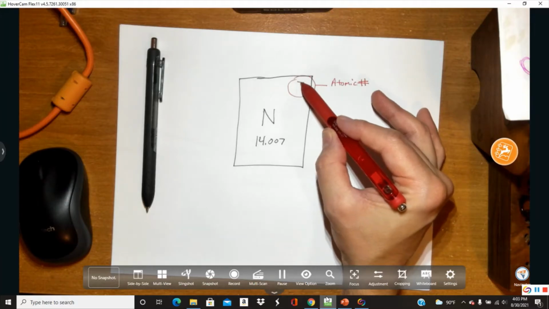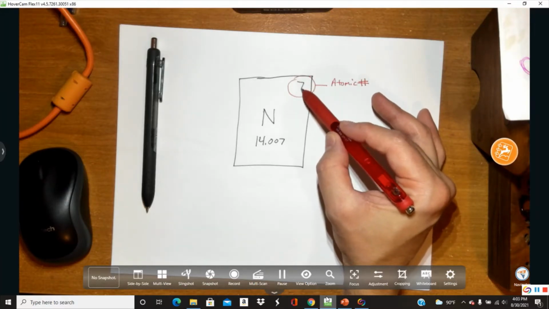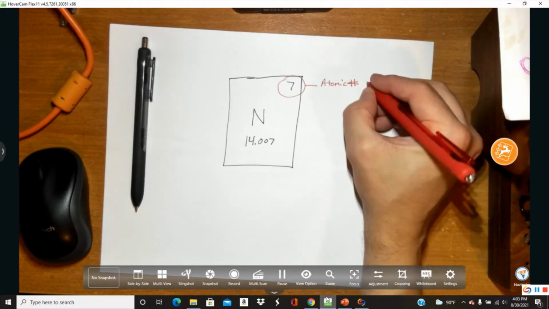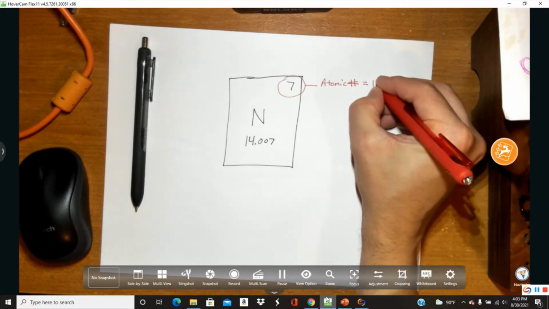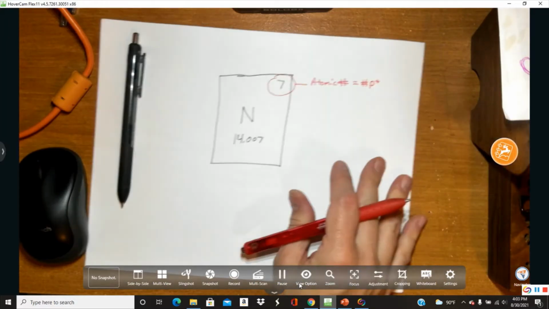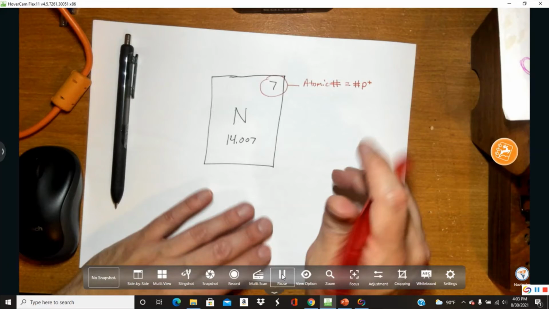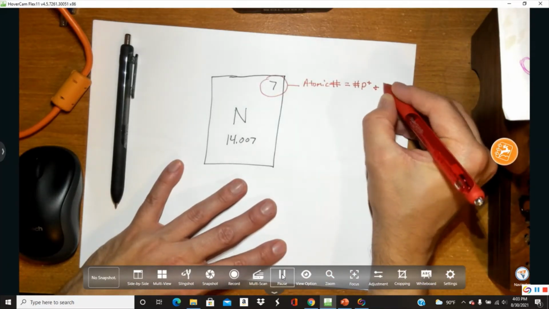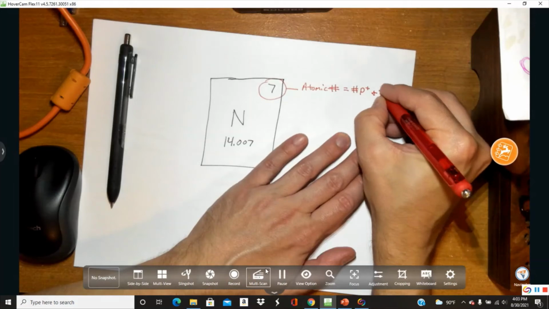All atoms of nitrogen have an atomic number of 7. Now, this tells us the number of protons that this atom has. It also, by the way, will tell us the number of electrons.